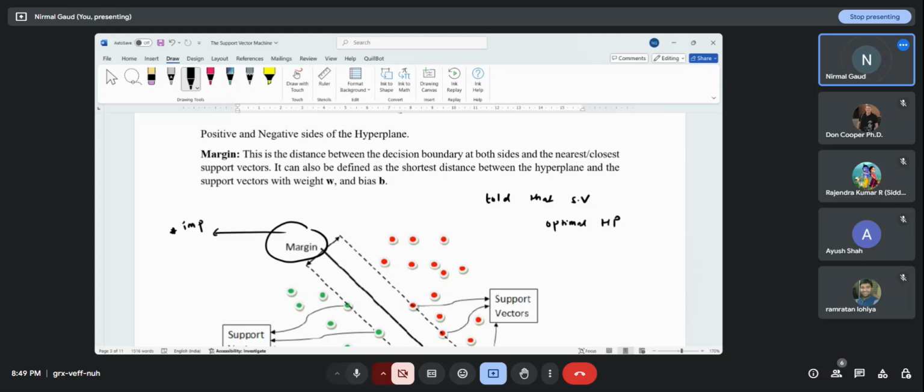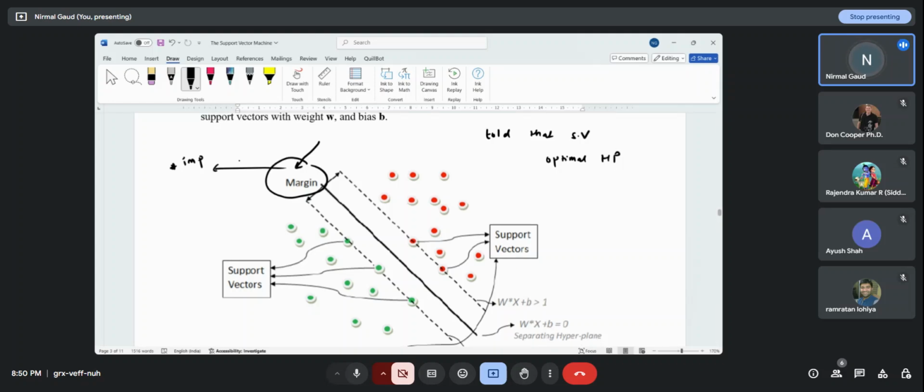Now, which points will I be considering support vectors? How far will I be considering them? How far is what is called the margin. You can see this is my class A boundary. This is my class B boundary.